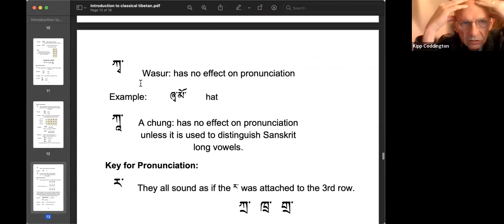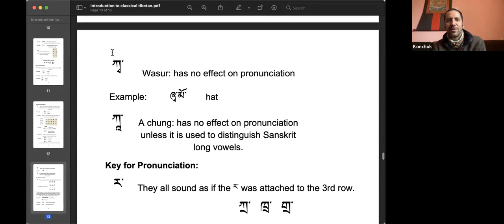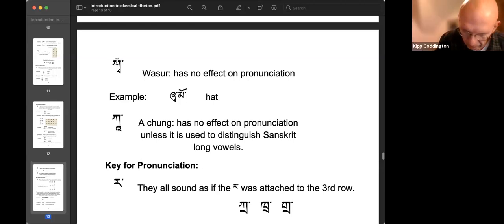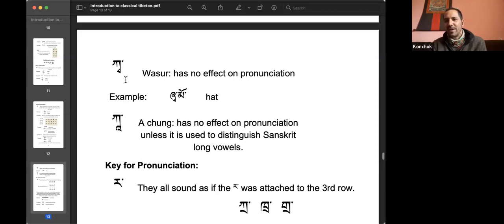Does the wasur only go on the ka? No, it goes on any letter. I just couldn't get a neutral symbol, so I chose ka because it's the first letter. None of these things go on every letter. I didn't add a list, but it's in that book that I shared.